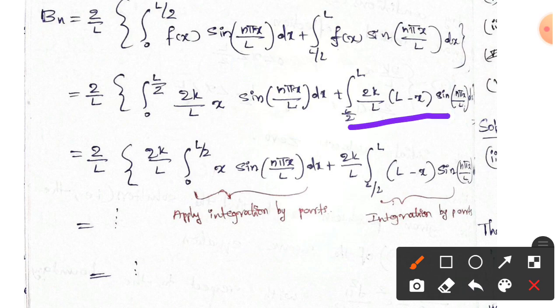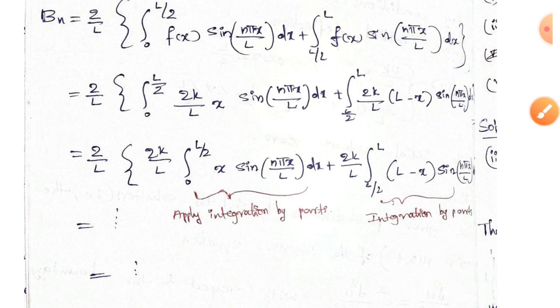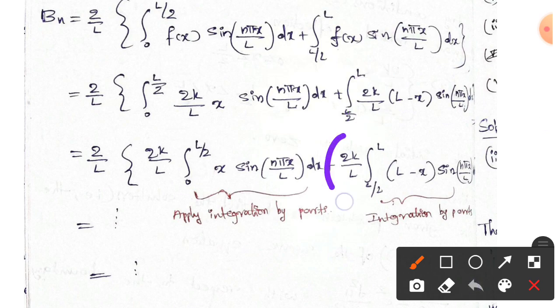Plus in this term, 2k by L is also a constant, so we can take it outside, and inside we have integration L by 2 to L of L minus x into sin n pi x by L.